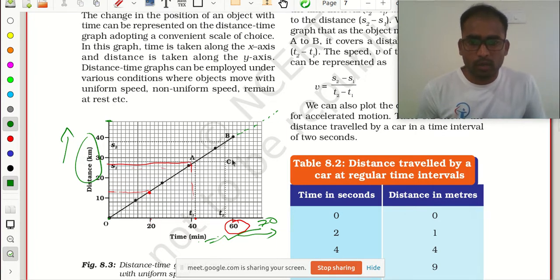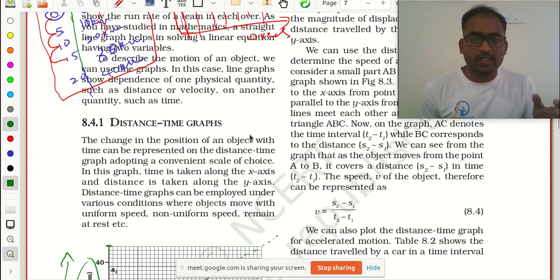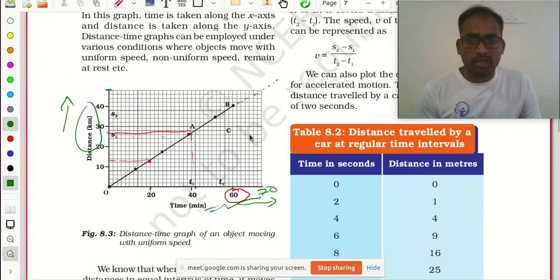Understood? Now I know the distance, I know the time. Now I need to calculate the speed of the object. What is the speed of the object? Suppose my object is moving from O to B. If I consider the velocity of the object from 40 minutes to 60 minutes, that is, from time t1 to time t2, what is its speed?